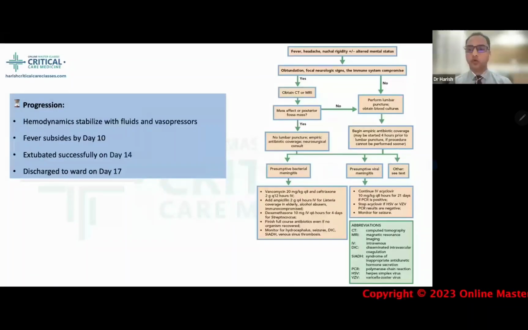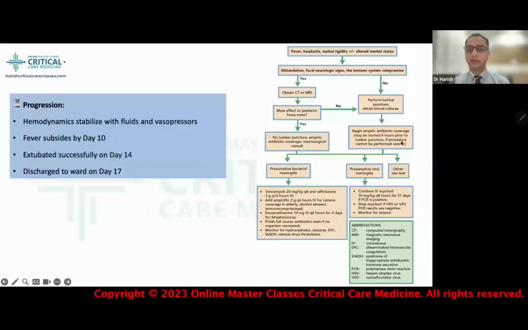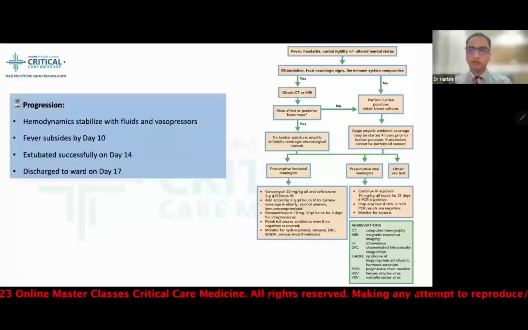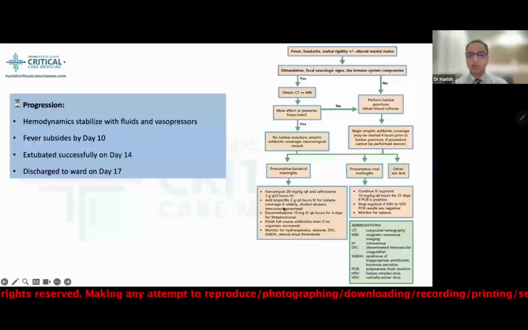Once you have done the lumbar puncture, when you don't have a mass effect, begin empirical antibiotic coverage, which may be started 4 hours prior to lumbar puncture if the procedure cannot be done immediately. Then therapy is vancomycin, ampicillin when Listeria is suspected, and dexamethasone when Streptococcus pneumoniae is suspected.